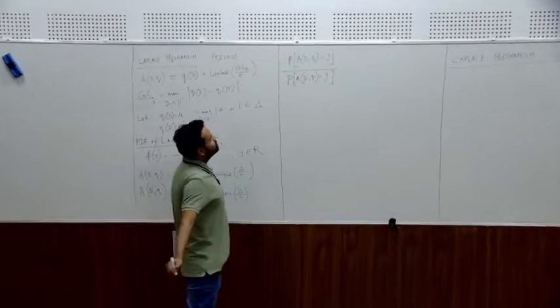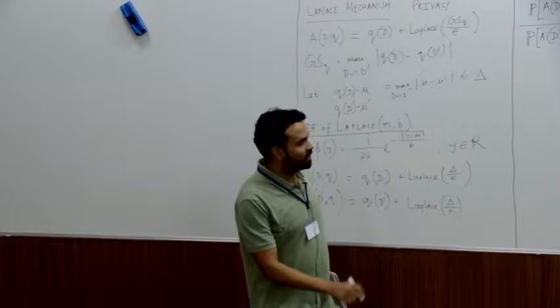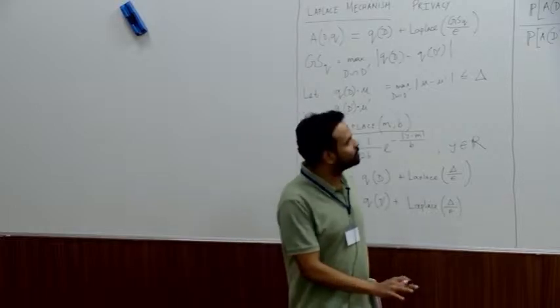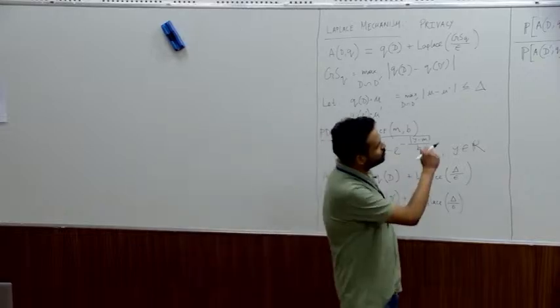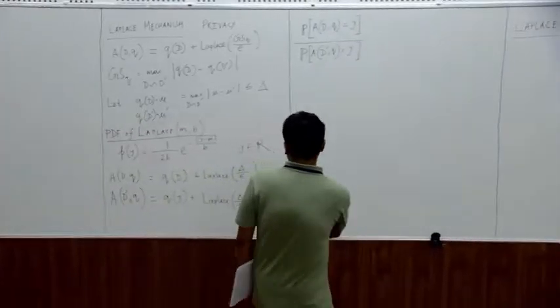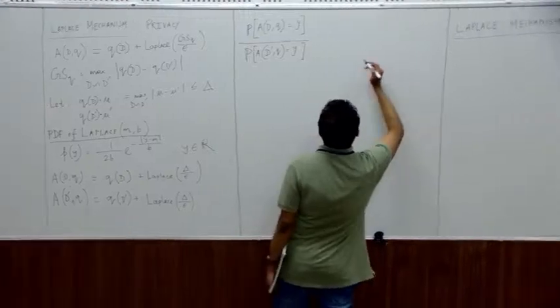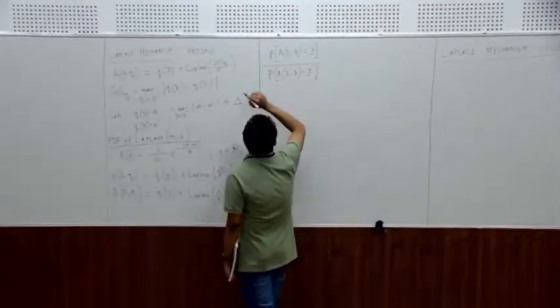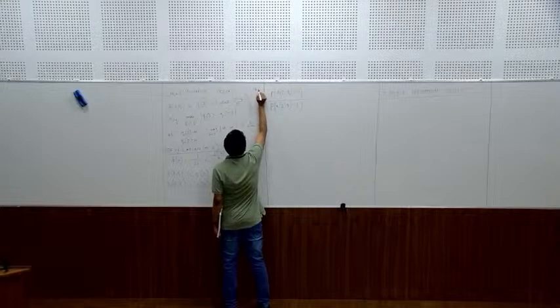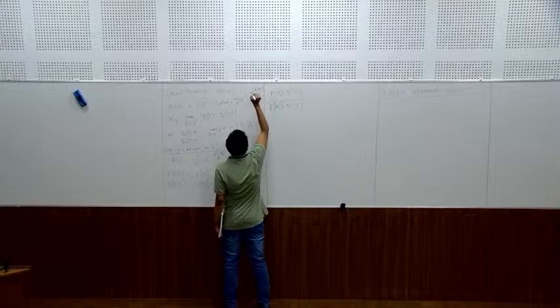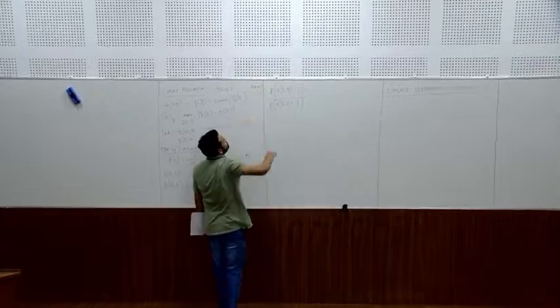If we can bound this ratio by e to the power epsilon, then we know that our algorithm is differentially private, and we have to do it for all y in R, the real line. So let's just fix a y. If we can do it for one y, then we can do it for all y.